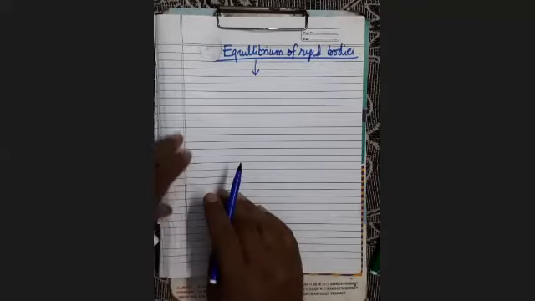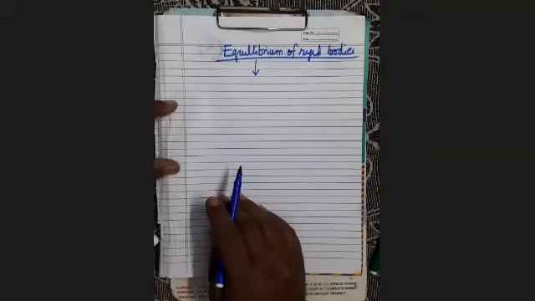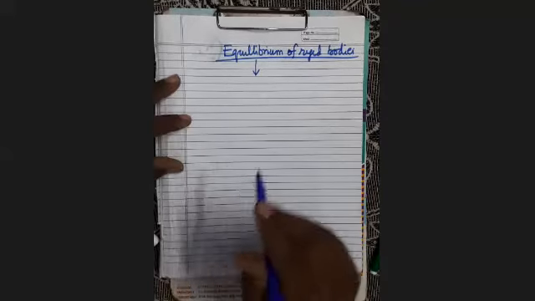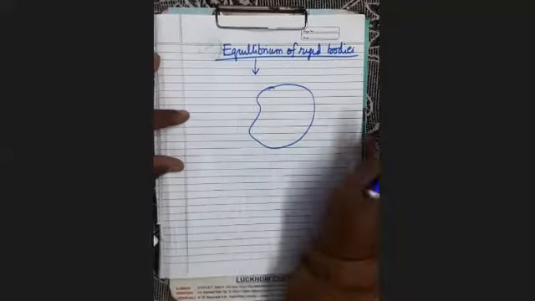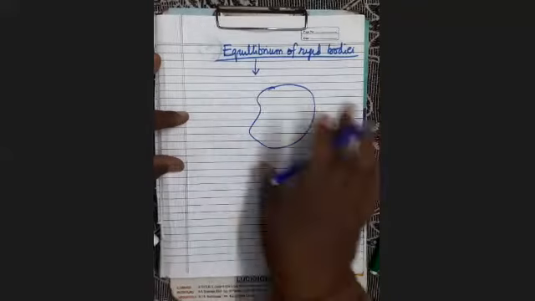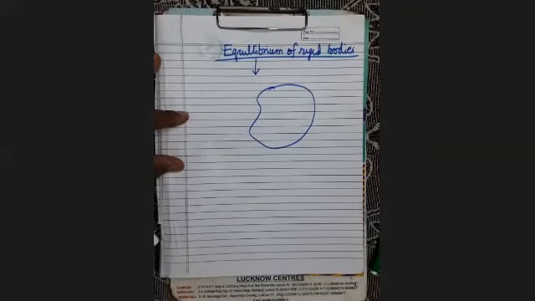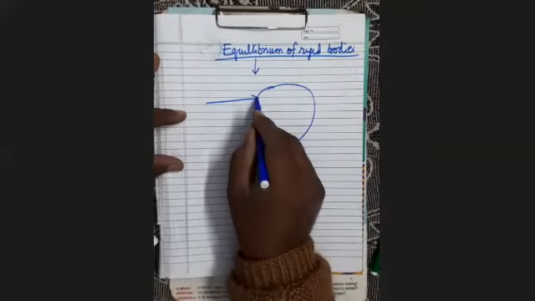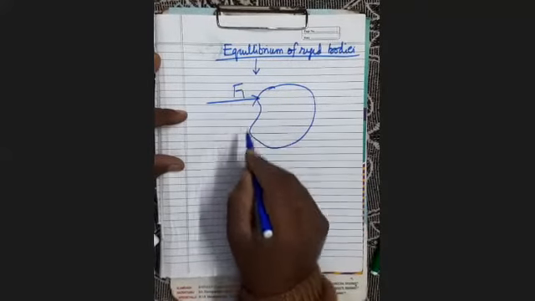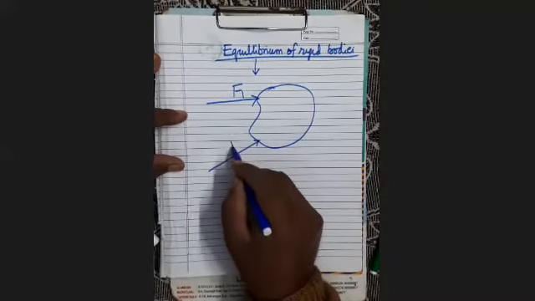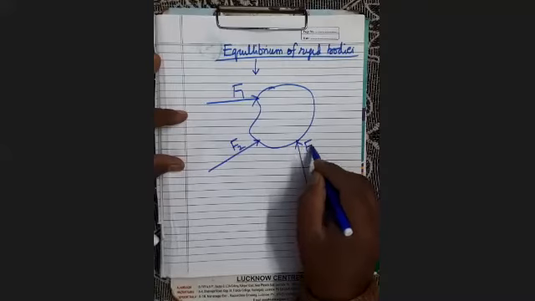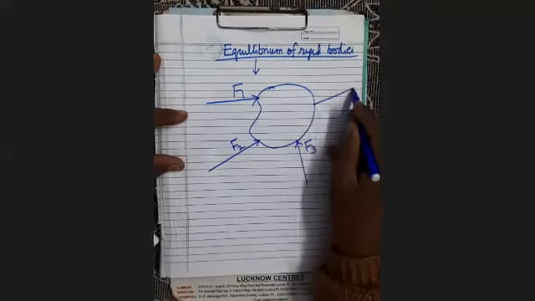And what will be the resultant of those forces? What will be the resultant of those torques? That will be zero. For example, here this is a body which is capable to move, which is capable to move means it is not pivoted. Here it is not pivoted. And a number of forces are acting here. F1 is acting, F2 is acting, this force F3 is acting, and F4 is acting.